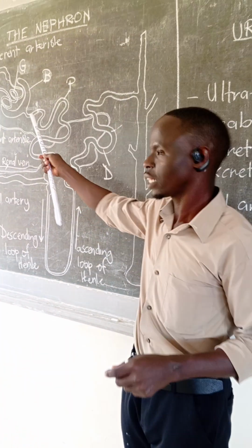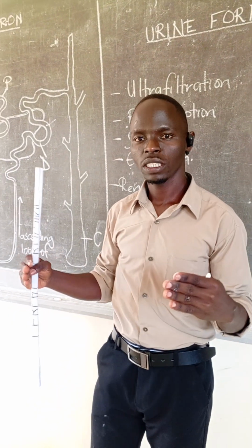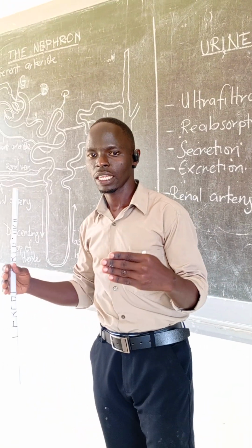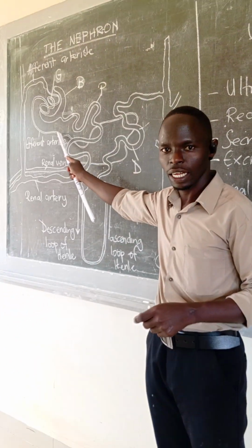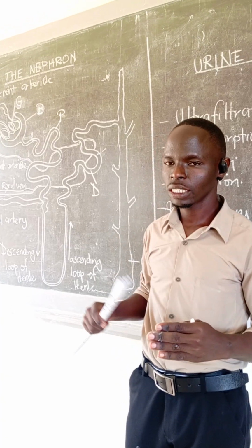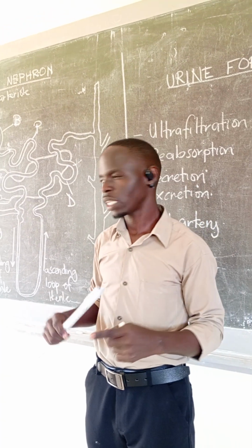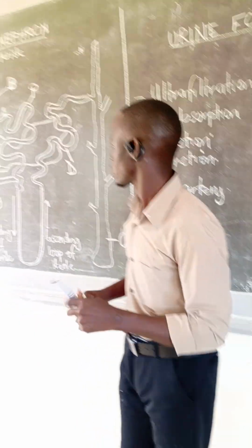The things that usually pass there are glucose, water, amino acids, and other substances. But we don't see proteins entering here. We don't see red blood cells, white blood cells, and other blood cells entering here. Why? Because they are bigger particles.